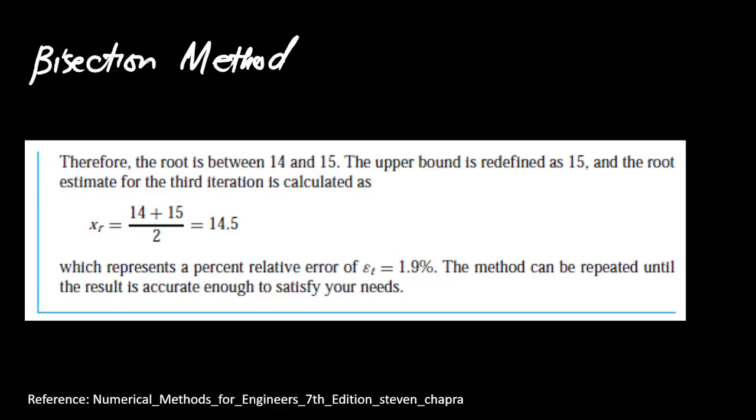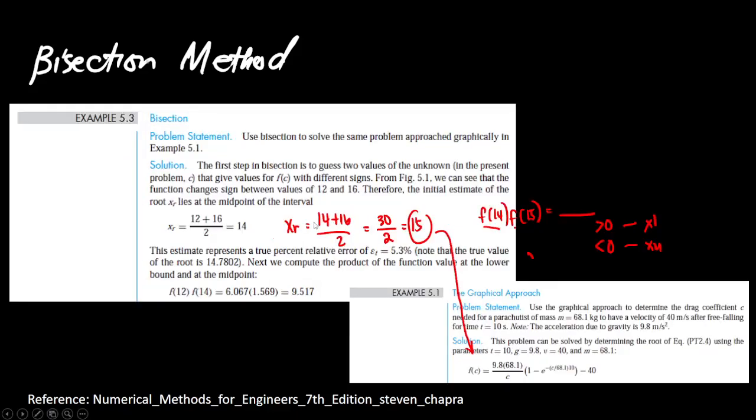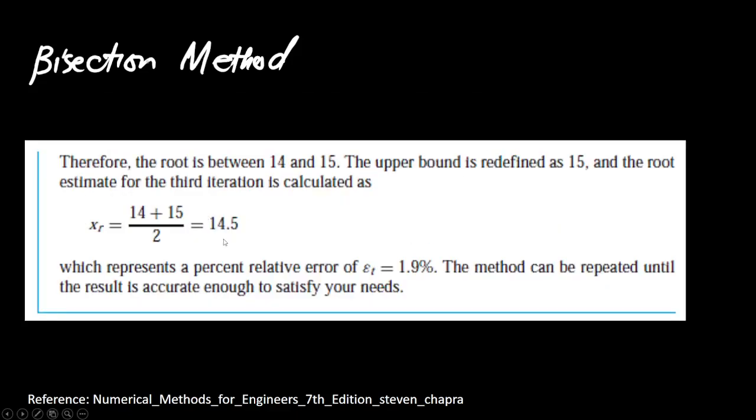I don't know what the value of the root is in the analytical method, but I'm sure that it is very near to around 14. So the more calculations, as we can see, the more accurate our root value will be. At first we have an integer, a whole number, 14, then 15, and now we go with one decimal value, 14.5. So as we go on, we have more accurate data.